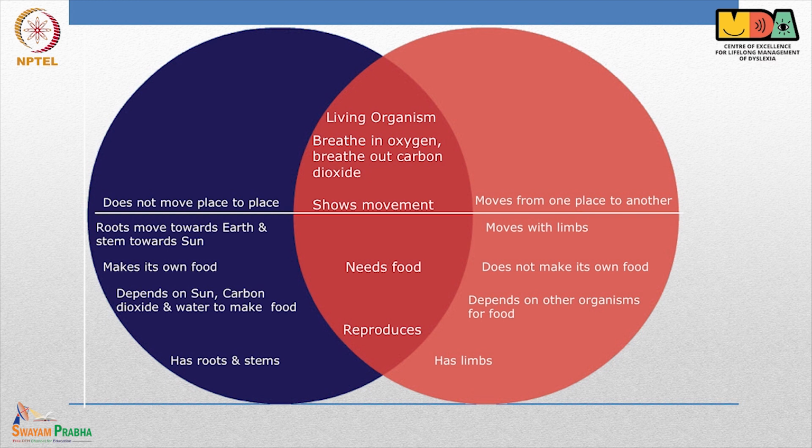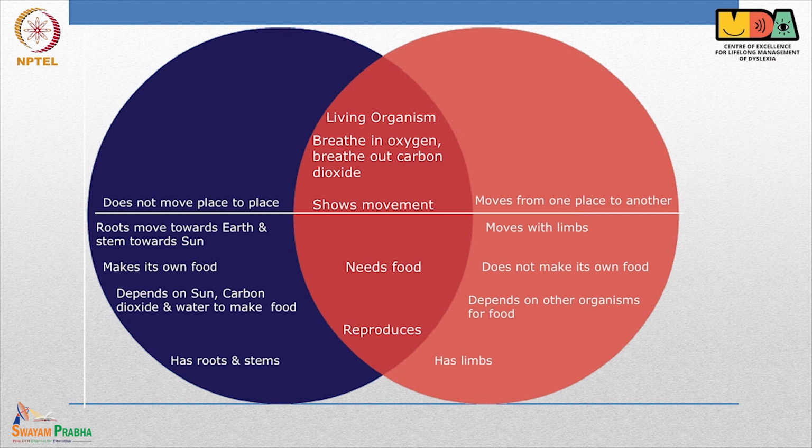Both require food, so needs food goes right into the common area, but the way they prepare their food is different. Plants make their own food, whereas animals do not make their own food. This is by inference. Plants make their own food using carbon dioxide, sunlight and chlorophyll, which is the green pigment, but animals depend on other plants and animals for their food.